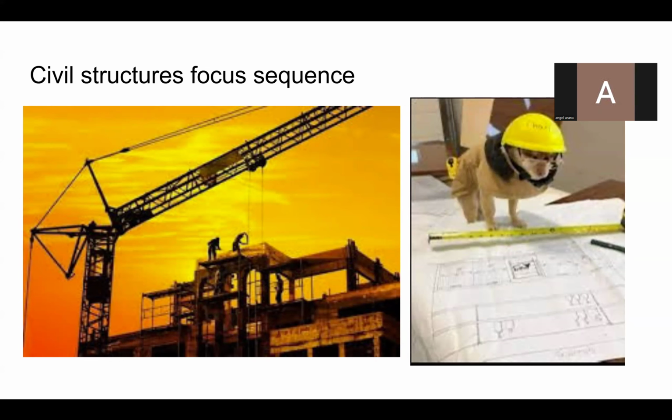This engineering field focuses heavily on making sure structures can safely resist gravity loads, winds, temperature changes, and especially earthquakes. Since we live in California, seismic design is a major part of civil engineering. Engineers analyze how forces travel through beams, columns, walls, and foundations.